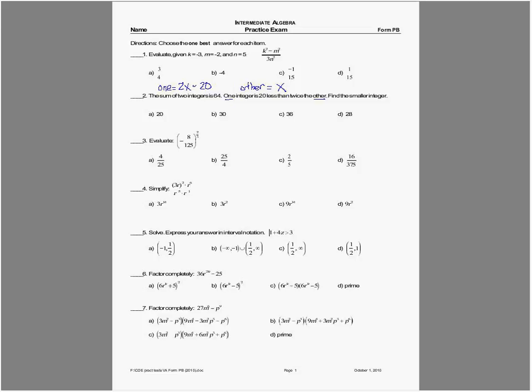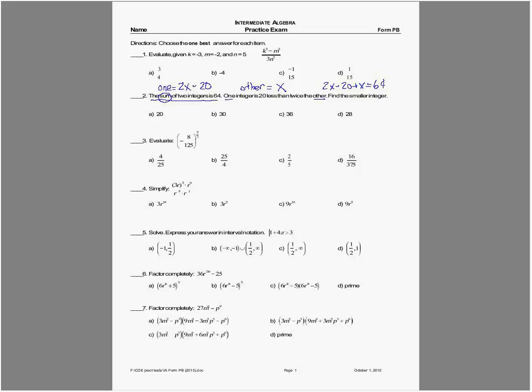Okay, so now it tells us the sum of these 2 integers is 64. Sum means I'm going to add them together. Okay, 2x minus 20 plus x equals 64. Okay, it's a pretty simple equation that you can solve.